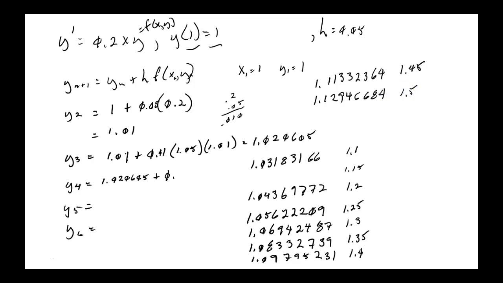So this time we got 1.1295, which is what the book rounded to. And last time we got 1.1259. Pretty close. We figure this one probably is a little more correct.